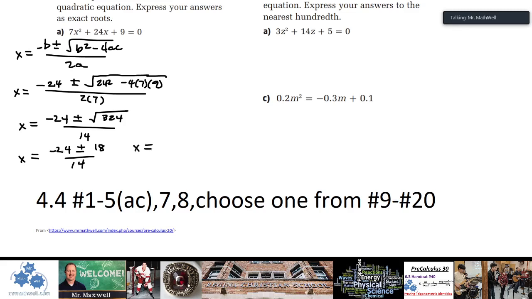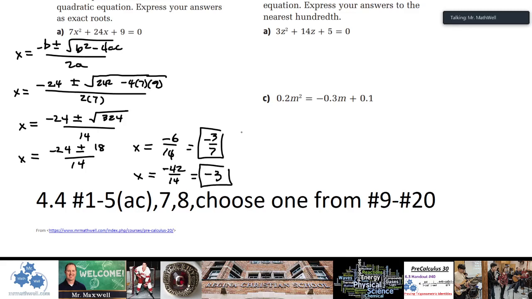So x equals negative 24 plus 18, which is negative 6 over 14, or negative 3 over 7. And x equals negative 24 minus 18, negative 42 over 14, which divided by 7 is negative 6 over 2, so negative 3.